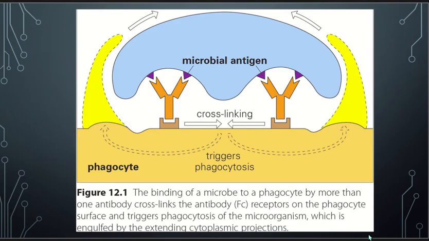So this is just kind of showing you where on the antibody molecule we're actually binding. This is a close-up of a picture that shows this cross-linking. And I just want to make sure that you know where specifically on these molecules we're binding and why it matters, because it's incredibly specific.